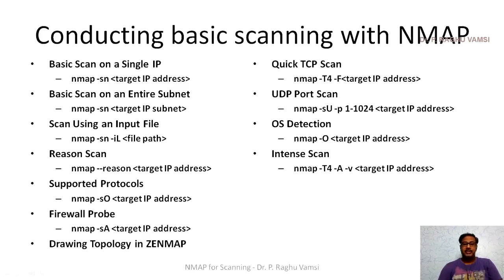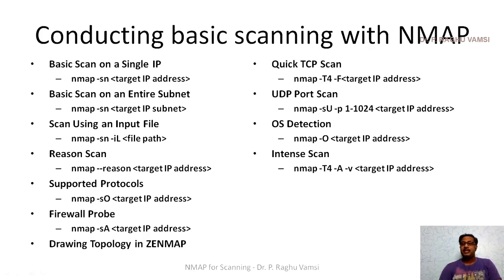And next one is the UDP scan. The UDP port scan will be done on the system ports, which are the reserved ports from 1 to 1024, and it will identify any UDP services that are running on the target system, such as DNS services.